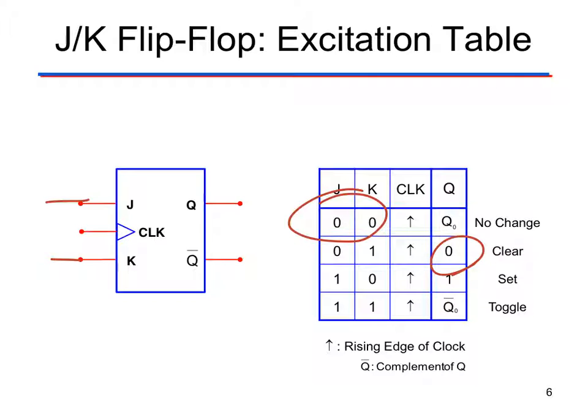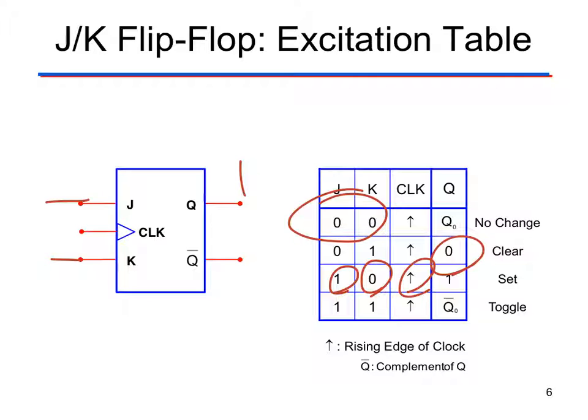When the J is 1 and the K is 0, it will set the output. And what does set mean? Set means that it will automatically output a 1. No matter what's on the output at that moment, when the J is at a 1 and the K is at a 0, on the rising edge it will set the output.